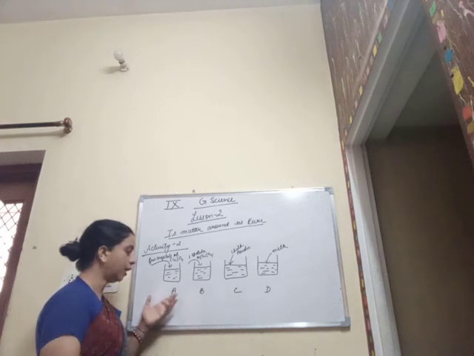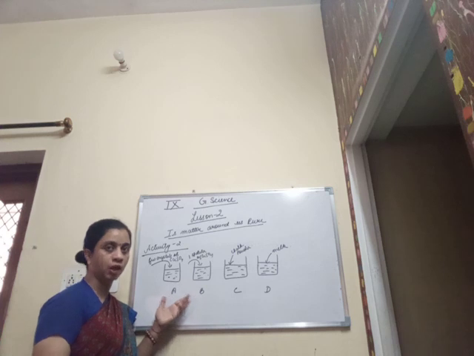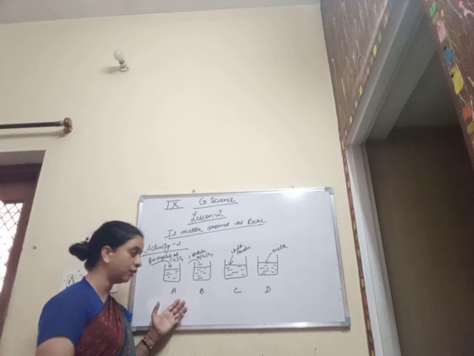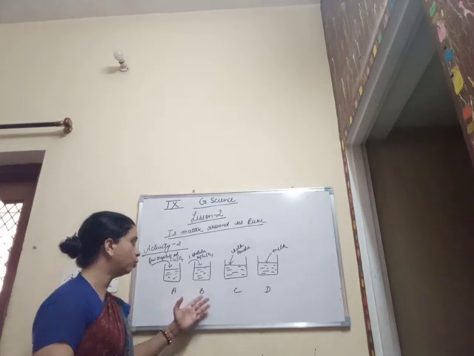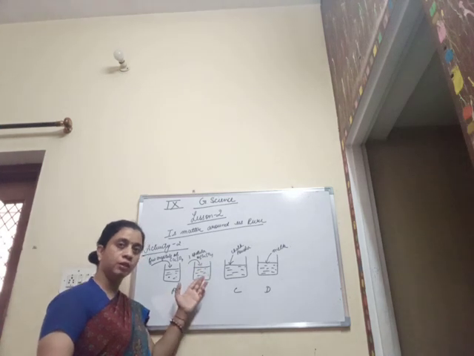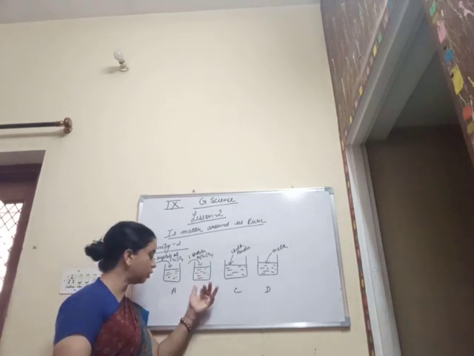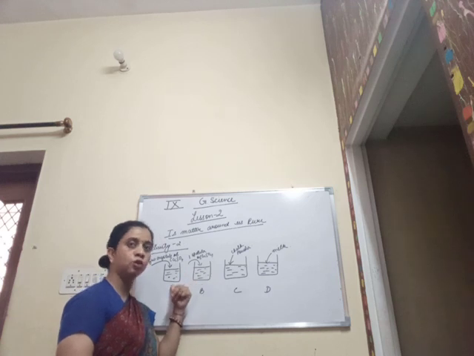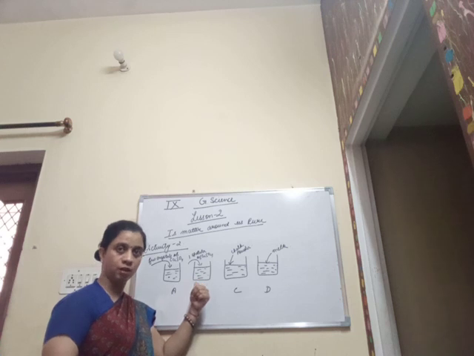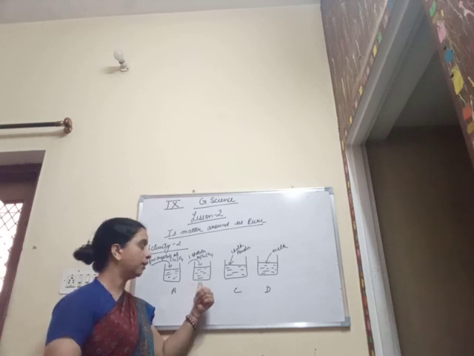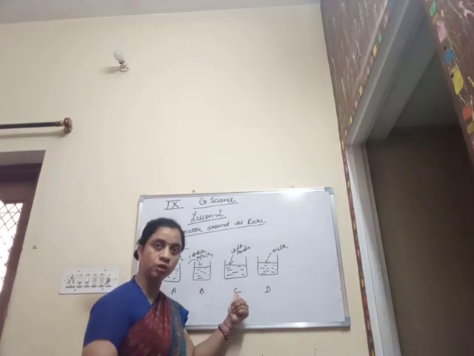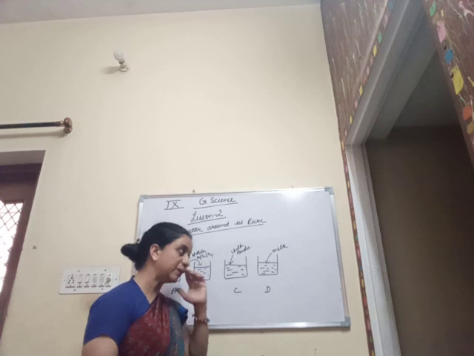That is, in A the coloration that we have obtained after dissolving copper sulfate in water is fainter or lighter than in B, because more copper sulfate was added to beaker B than to beaker A. Here also it is a homogeneous solution, but the intensity or the density is different.